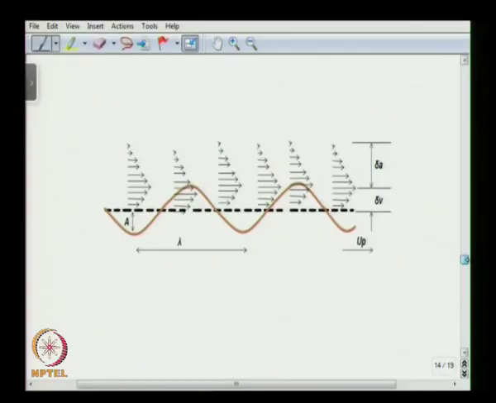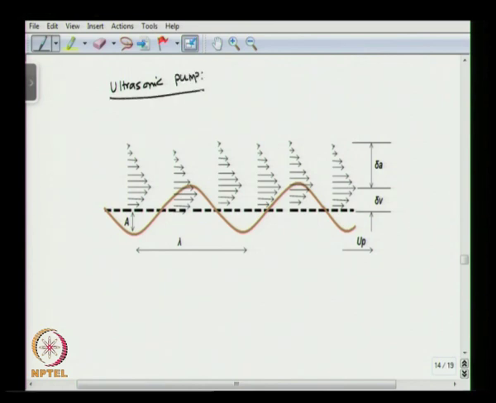Because of the movement of the acoustic waves we generated from the vibration of the transducer, we generate a bulk motion of the fluid that is present on the surface of the membrane, okay. So, this is the ultrasonic pump. Okay.